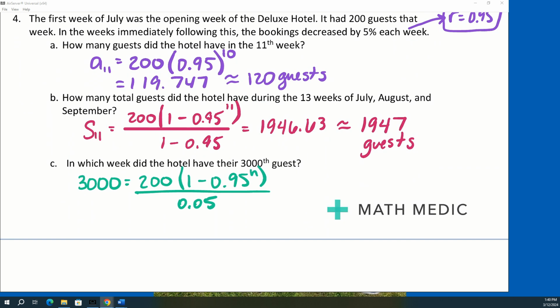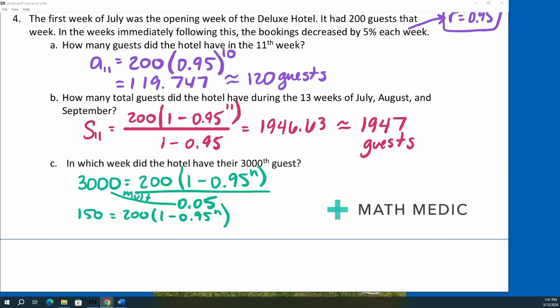All right, so we need to solve this for N. This is going to be quite a few steps. And we could do things in different order. I'm going to go ahead and multiply these two together. So 3,000 times 0.05 is going to be 150. All right, then what would you guys do?